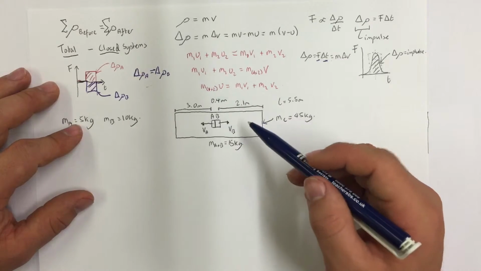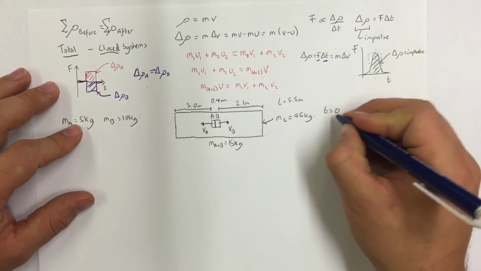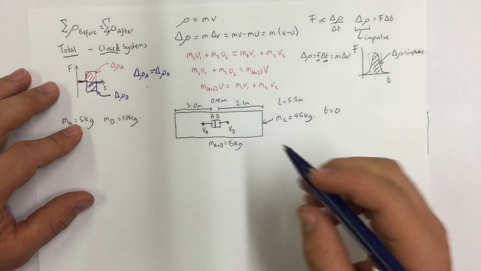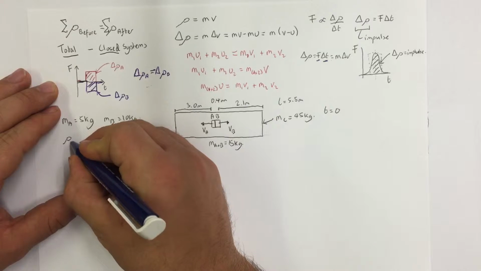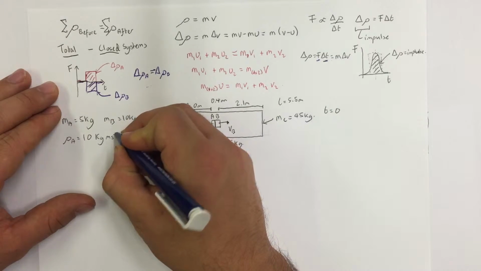And this explosion occurs at t equals 0, so our starting time. Now, the explosion gives A momentum, so the momentum of A is 10 kilograms meters per second.